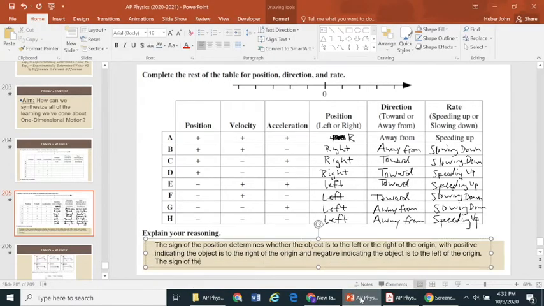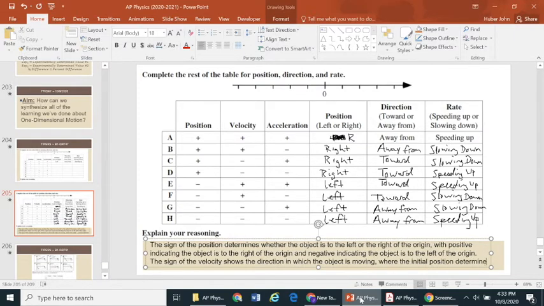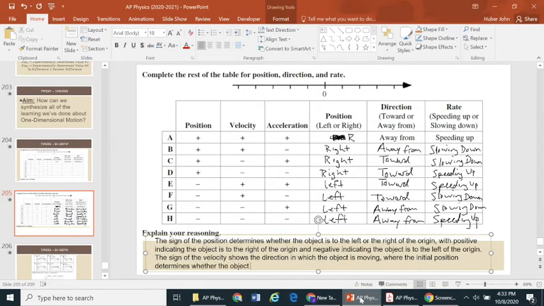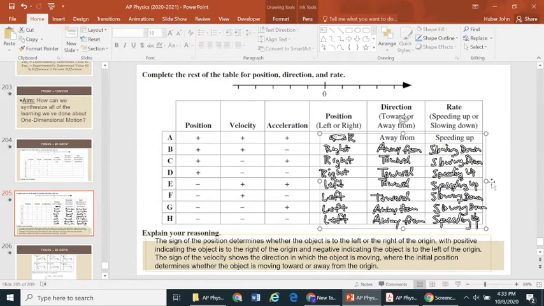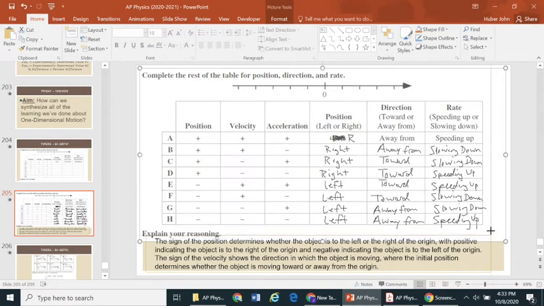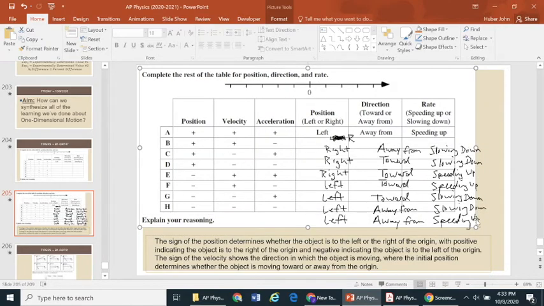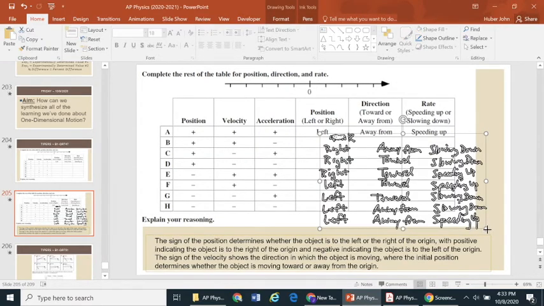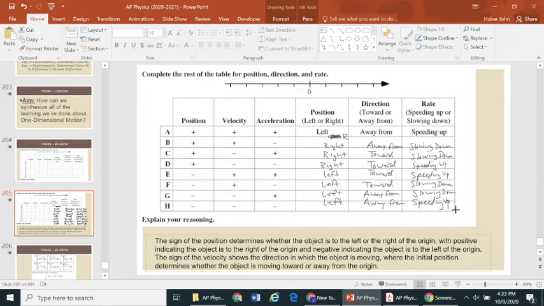So the sign of the velocity shows the direction in which the object is moving, where the initial position determines whether the object is moving toward or away from the origin. And that's a fact, right? We can go through and get into every single possible case, but we don't have to. We can just summarize it nicely like that.